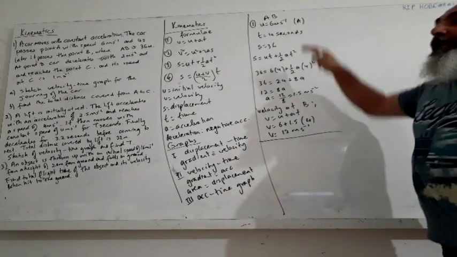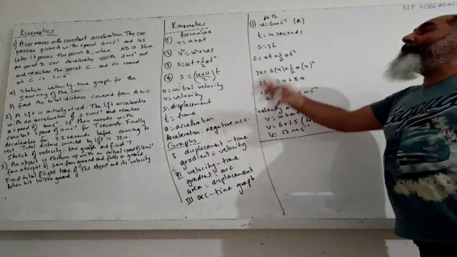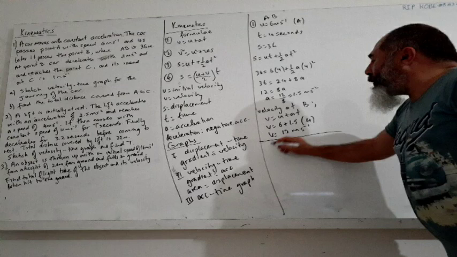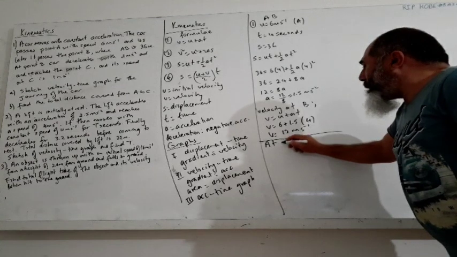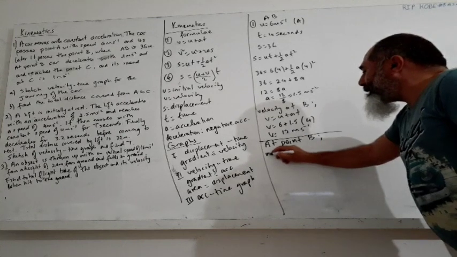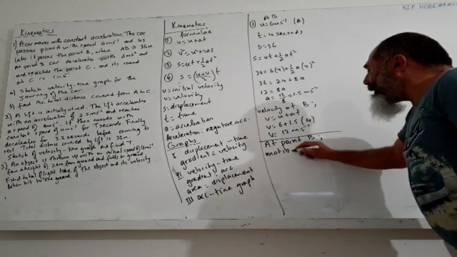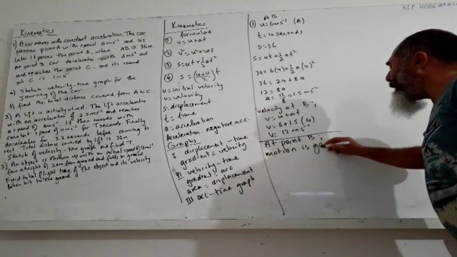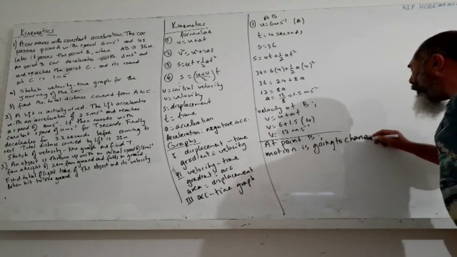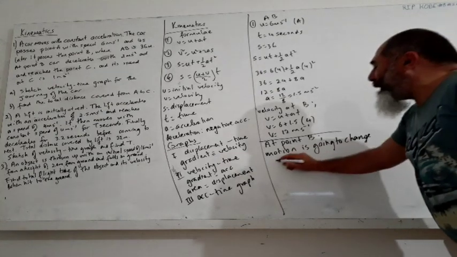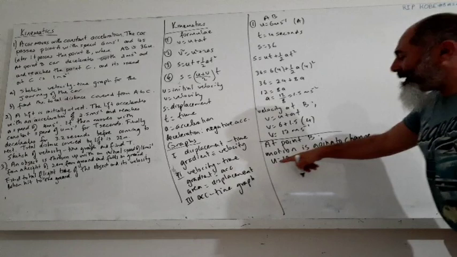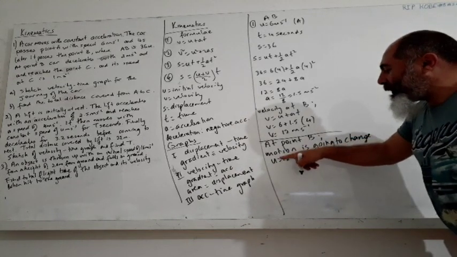That means the motion is going to change. So at point B, U is 12. This is the initial velocity of the new motion.